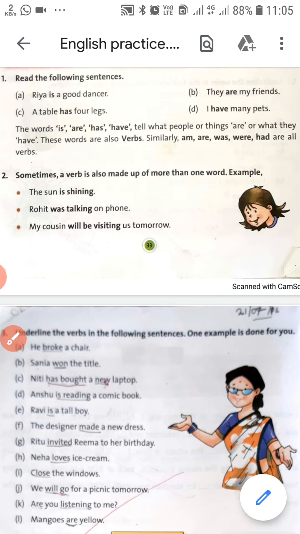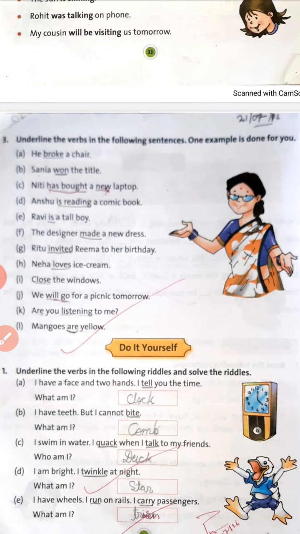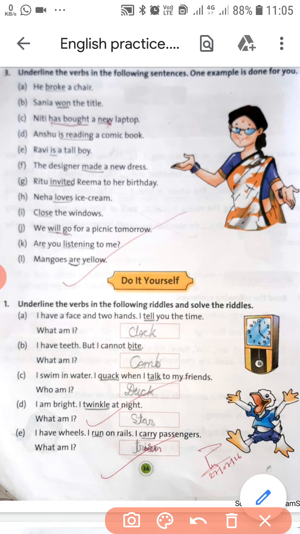Understand? So now in the next sentences, you have to underline the verbs. In the first, there is broke. I'm putting a dot over the verbs. In the second, Sanya won. Niti has: two verbs are there, one helping and one main verb.